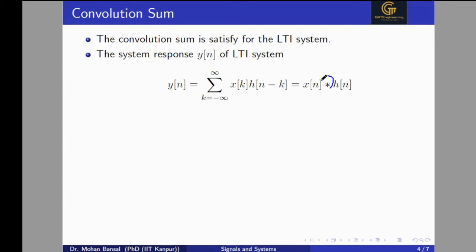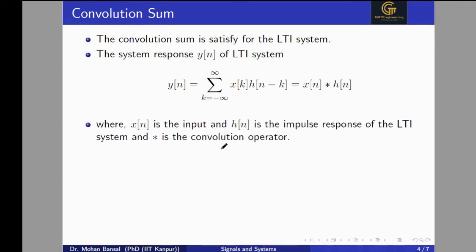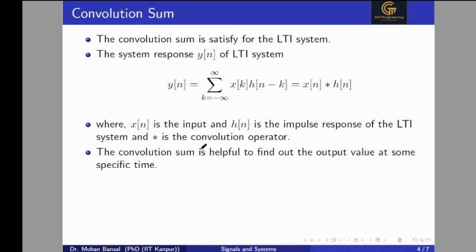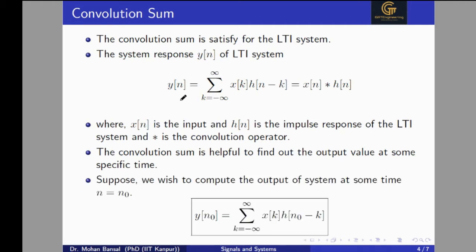This operator is the convolution operator. x[n] is the input, h[n] is the impulse response of the LTI system, and star is the convolution operator. The convolution sum is helpful to find the output value at any specific time instant. If we want to compute the output y at time instance n0, we can write y[n0] as the summation of k equal to minus infinity to infinity x[k] h[n0 minus k].